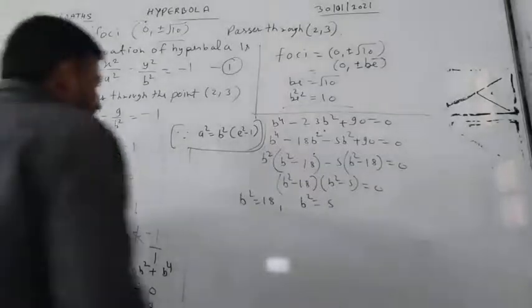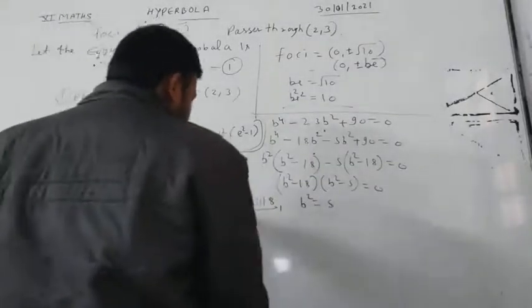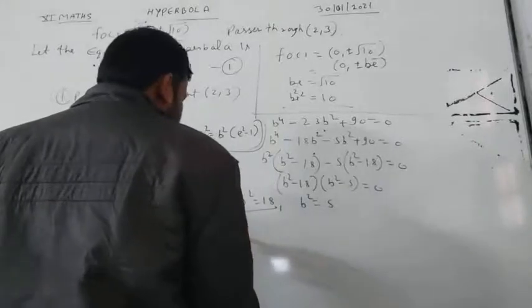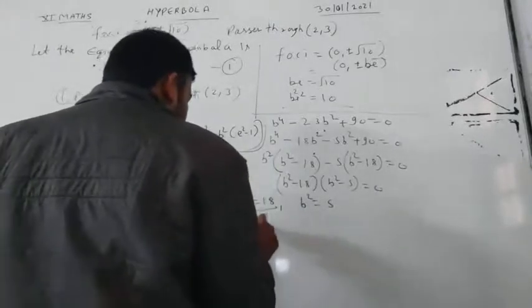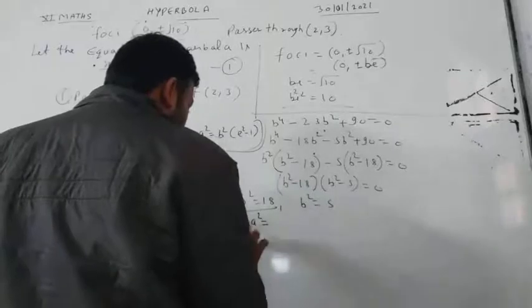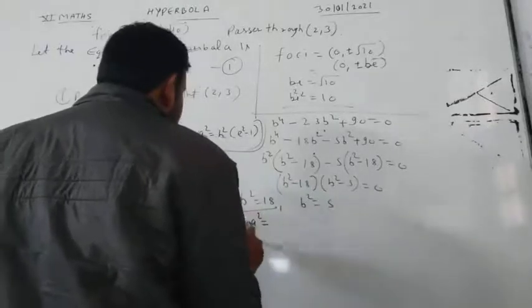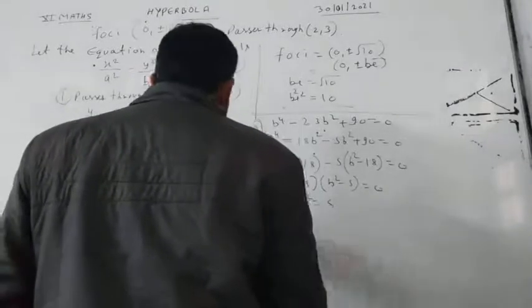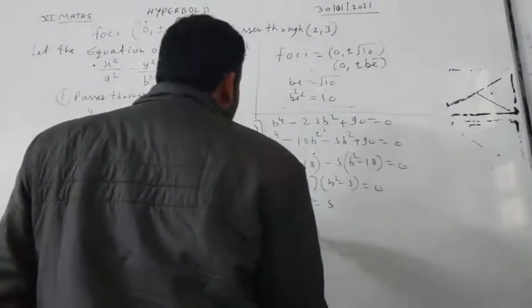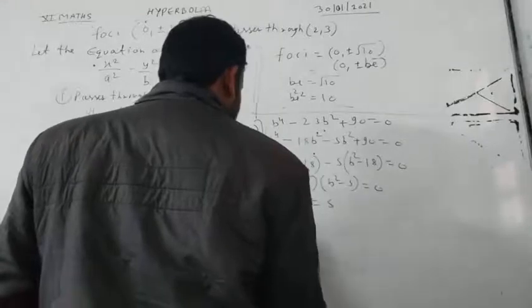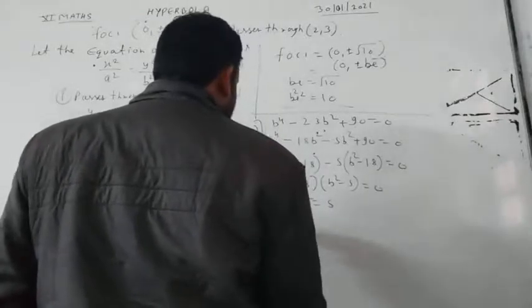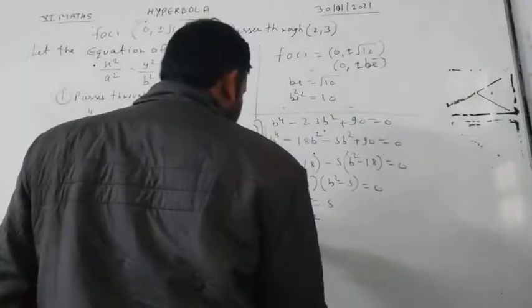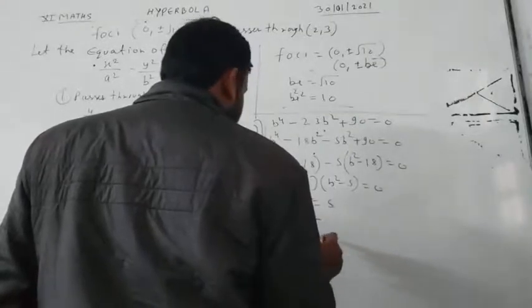Now, students, from here, if our b square is 18, then our a square is equal to b square e square minus b square, which is 10 minus 18.